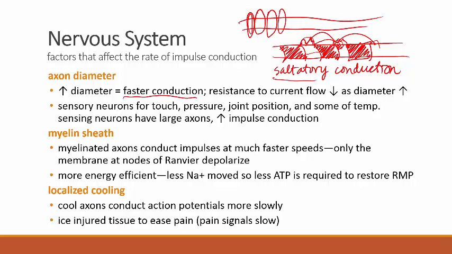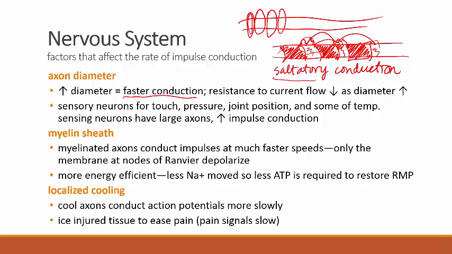As you might guess from our conversation about saltatory conduction, if an axon is myelinated, then because only the node is required to undergo an action potential, and the depolarization is rapidly spread along the membrane that is wrapped and covered by the myelin sheath, this also speeds impulse transmission.